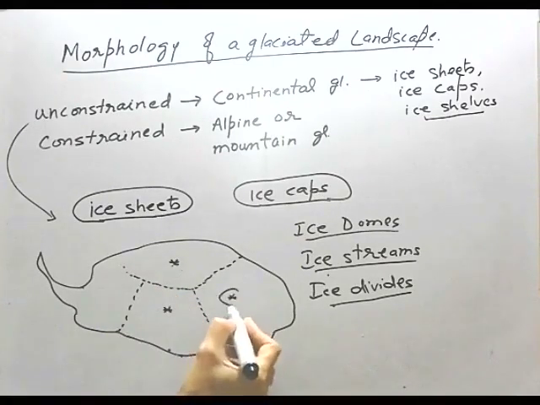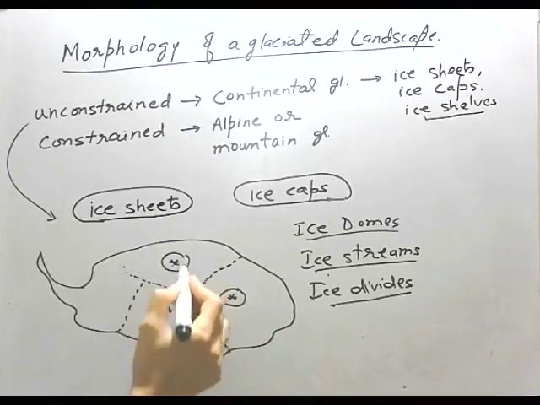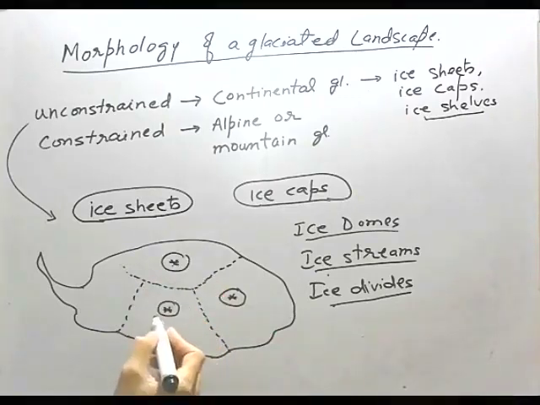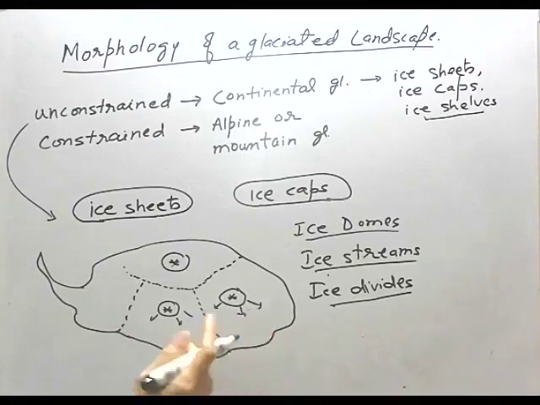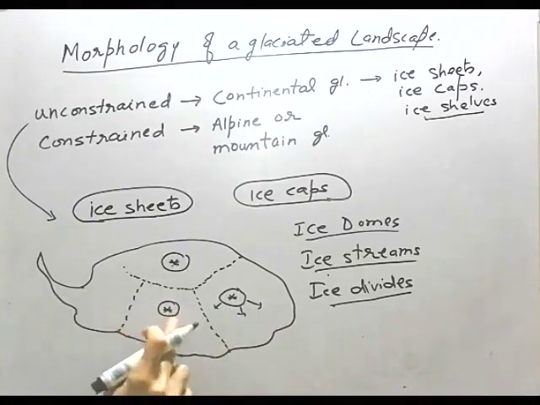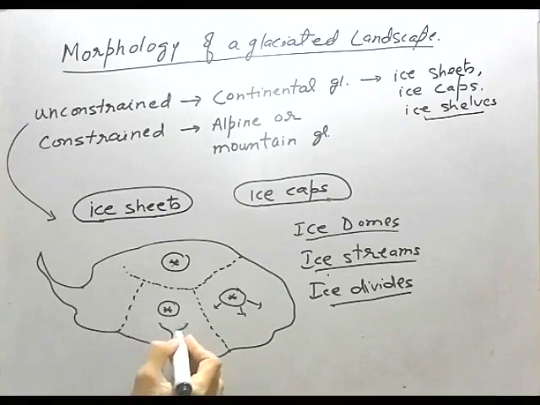So this is the ice dome, this is another ice dome, this is another ice dome, and the ice will migrate outwards from these domes, and this migration will be facilitated by movement along the ice streams.